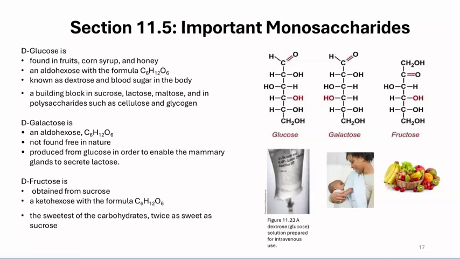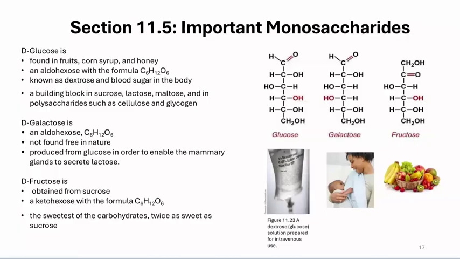Lastly, we are going to look into fructose. Fructose, which we can see in the last structure on the right side of the slide, is actually found in fruit. Fructose is obtained from sucrose via hydrolysis.